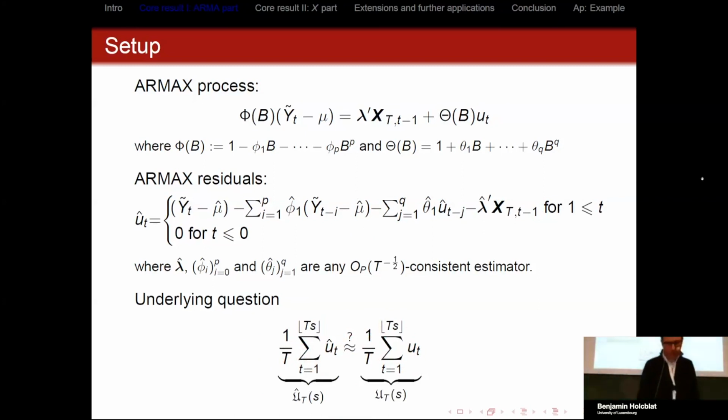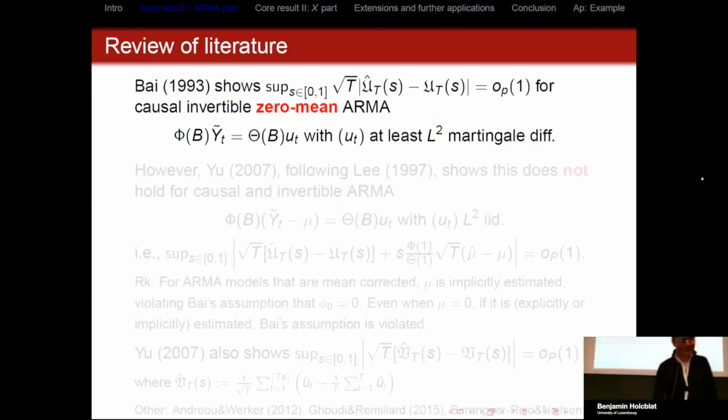Please bear in mind that we will use the notation that the partial sum of the error is this calligraphic Q, and the partial sum of the residual will be this calligraphic U hat. At some point in a math paper, you run out of letters, so you have to come up with some. I don't want to put some Hebrew, so that's how we did it.